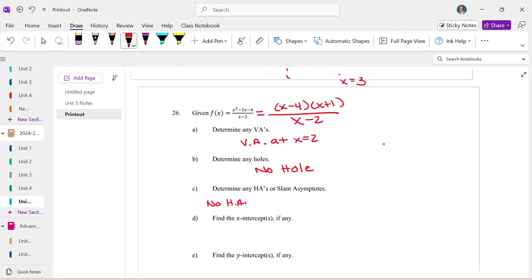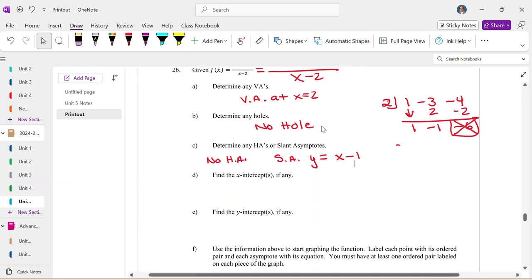But there is a slant asymptote, and if we do the division, we divide 2, 1, -3, -4. We can do synthetic division because it's a first degree in the denominator. So bring down the 1, times 2, add down, multiply, add down. So notice the remainder is -6. That means the slant asymptote is y equals, since this is second degree, x minus 1.